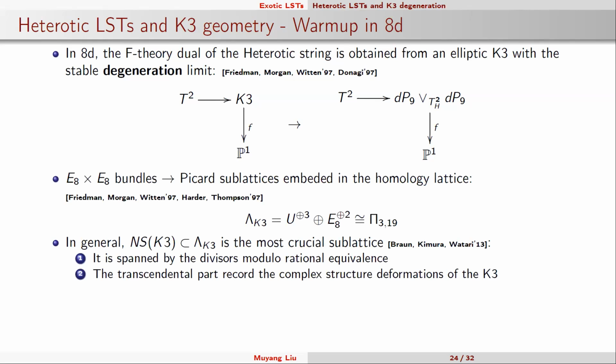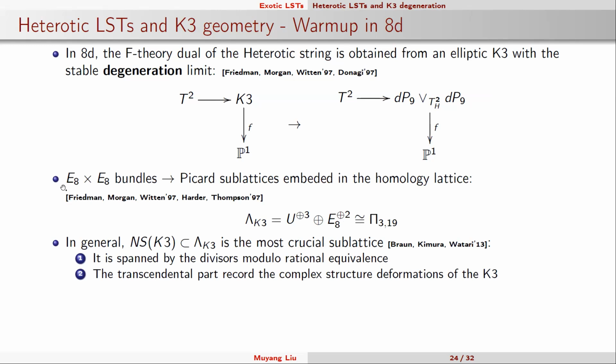But from the other perspective, you can also see that the E8 cross E8 bundles can be embedded into the Picard sublattice choices in the second homology group of the K3, where Lambda_K3 is just the intersection form associated to the homology lattice.